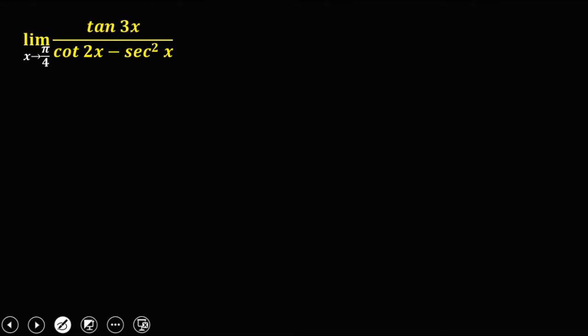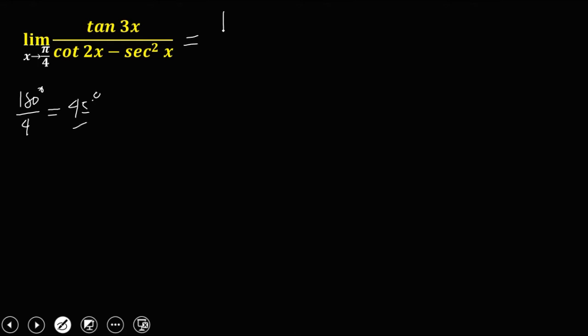Then for this given, the limit of tangent 3x over cotangent 2x minus secant squared x as x approaches pi over 4. So we need to convert this pi over 4 first to degrees. So pi is 180 degrees, then divide by 4. So this one is 45 degrees. So we're going to use this 45 degrees.